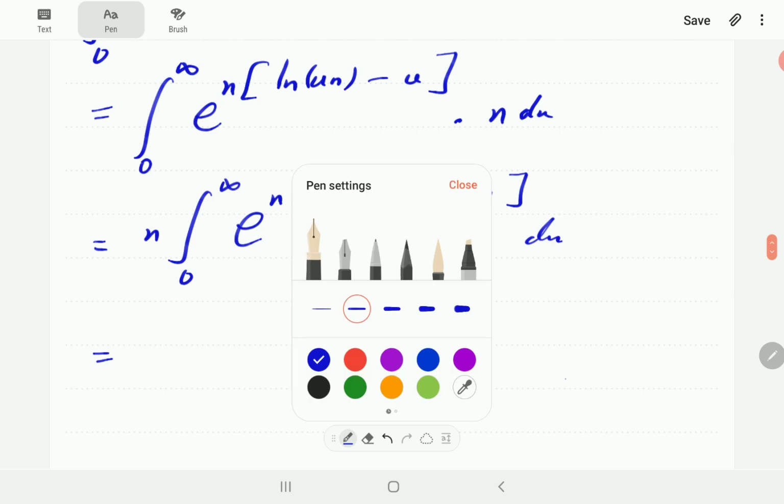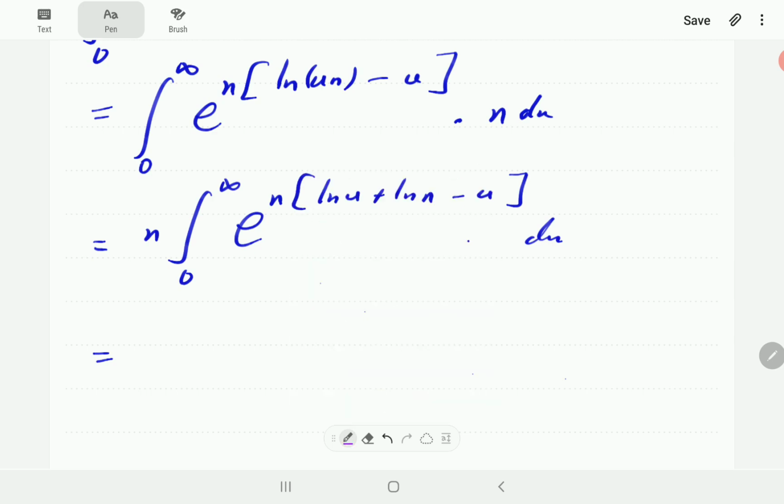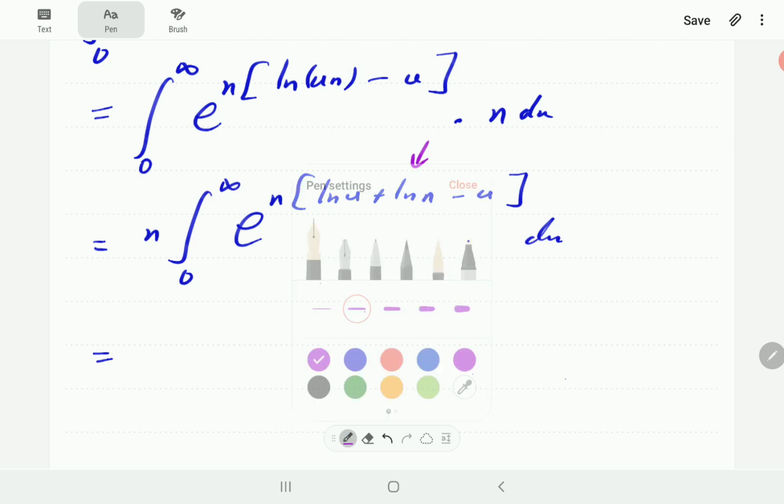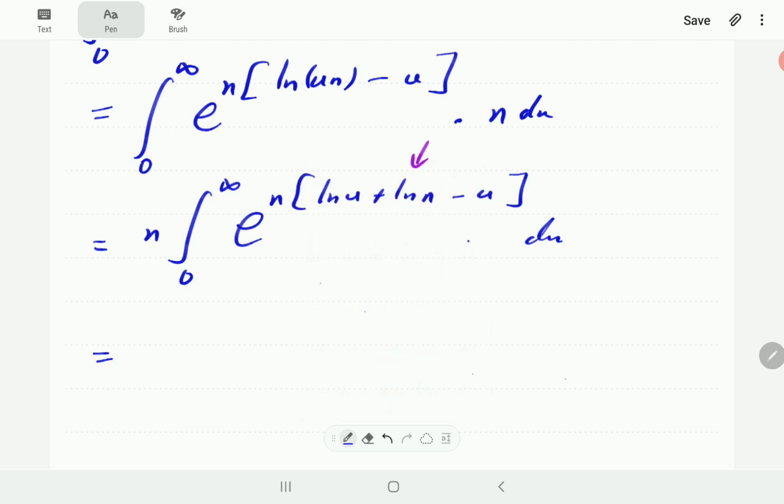And then this term here is not a function of u, so that means we can factor it out. It's actually going to work out to n to the power of n, times the integral of e to the power n times ln u minus u.